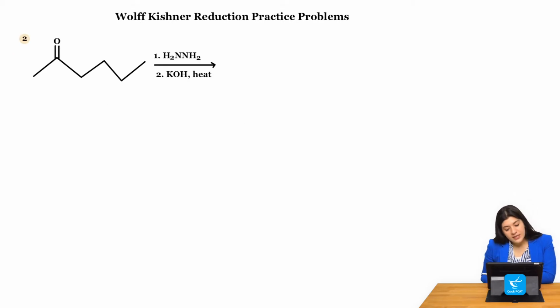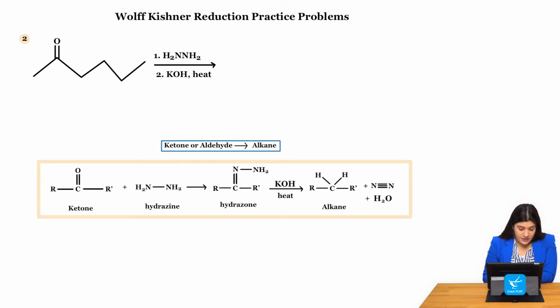For this next one, this is a hydrazine, and then this is a ketone. So I know that this is going to still give me that alkane. So it's this concept again, where if you were to look at the shortcut here, I'm going from that carbonyl group to two hydrogens.